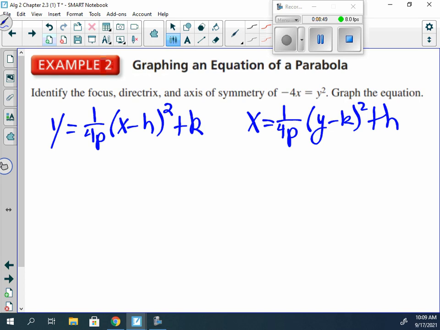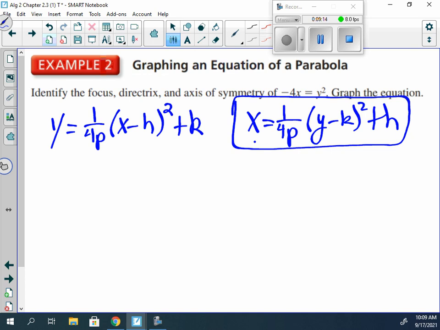So when we look at this, negative 4x equals y squared, we're looking at this one here, because this one is going to have the y squared connected to it, yes? That is the form we have. What's one of the main differences that this has? What's x?